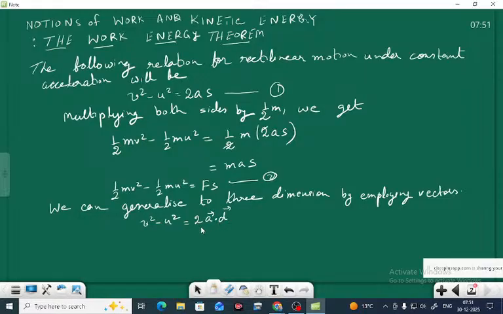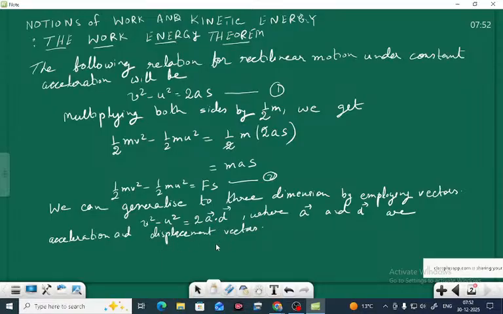We generalize to 3 dimensional vectors, where a and d are acceleration and displacement vectors, right.